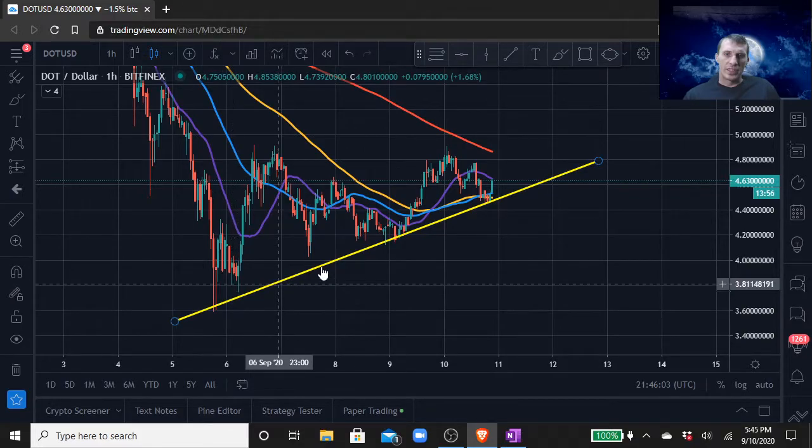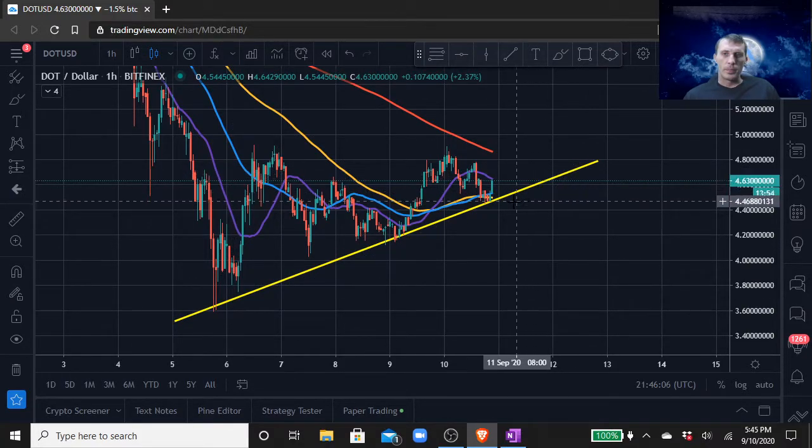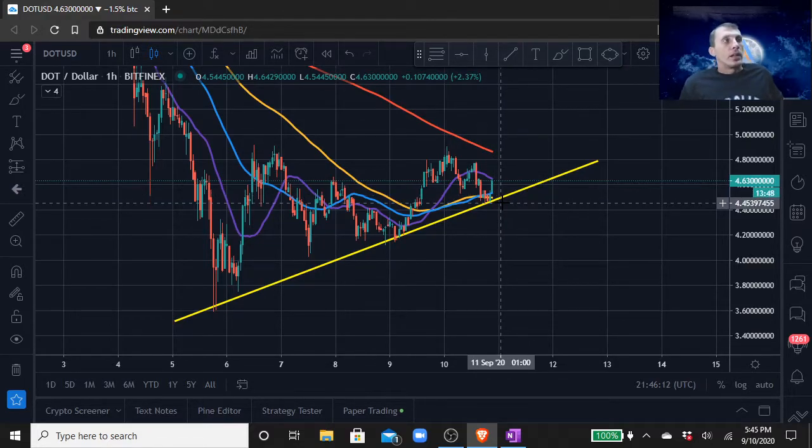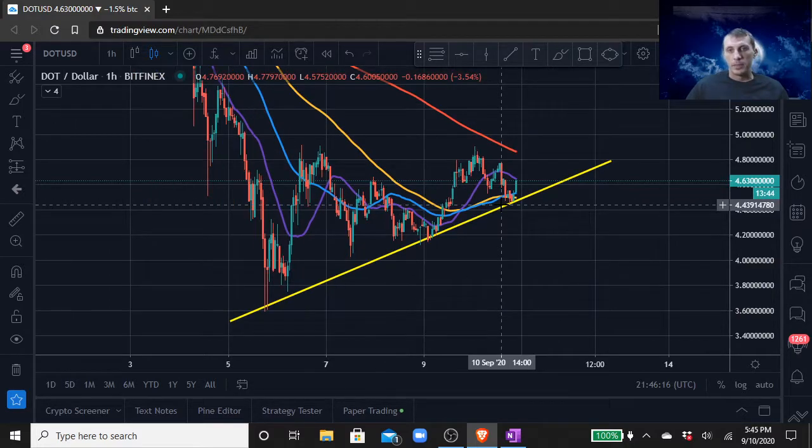So we're following this trend line up. You know, we retest and we break underneath this trend line. I'd be looking for the short on DOT, or take your profit, get out of it, buy back later.